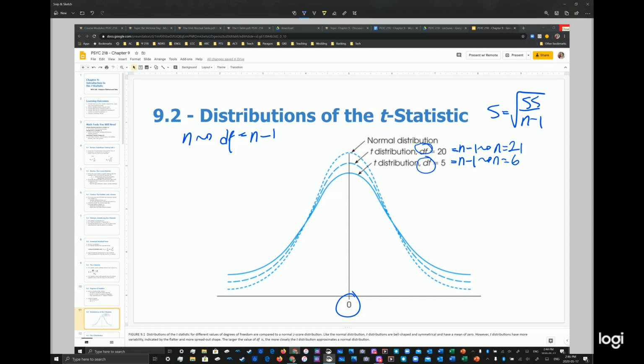And so for each different sample size, you're going to work with a different t-distribution.